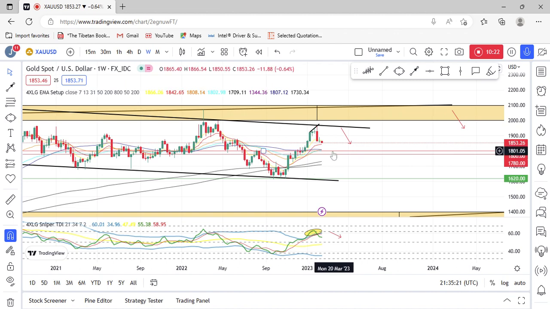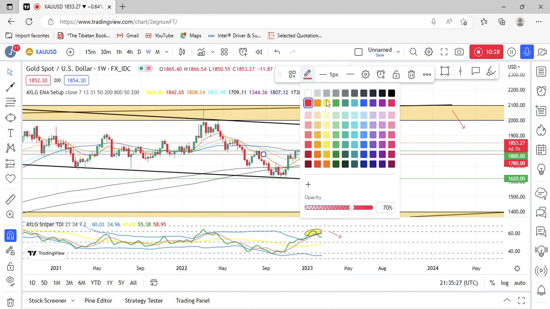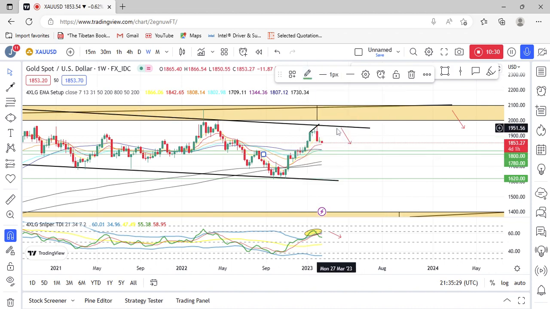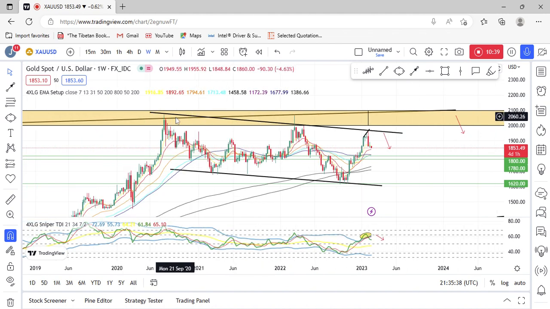So this is what we are seeing on gold as well, and this will be the resistance or supply area. So we are currently seeing a decline in demand or prices on gold in respect to this trendline structure. As you can see, the bounces respecting this trendline structure.